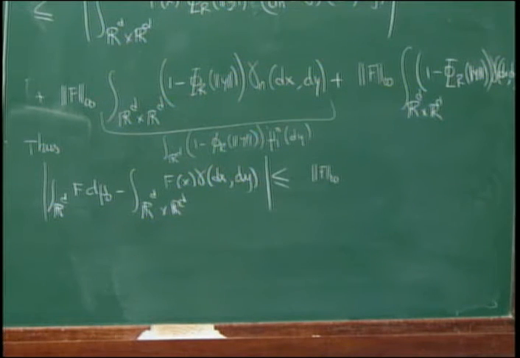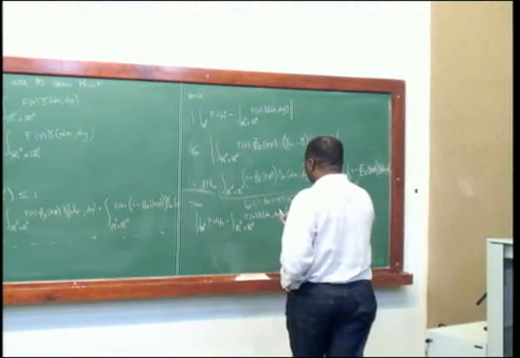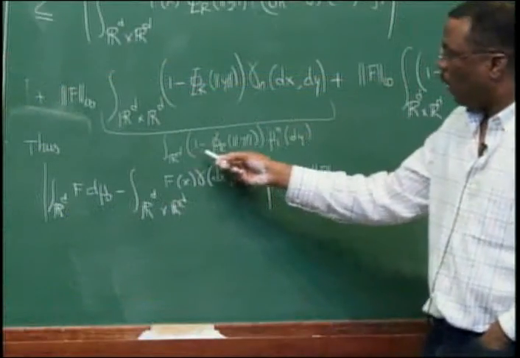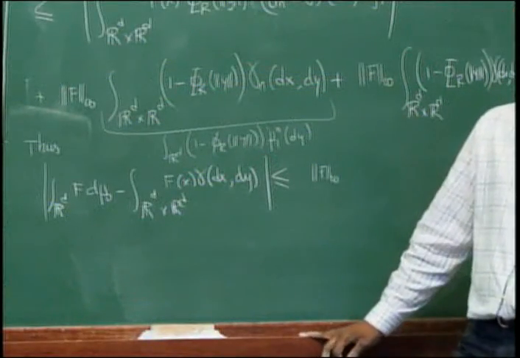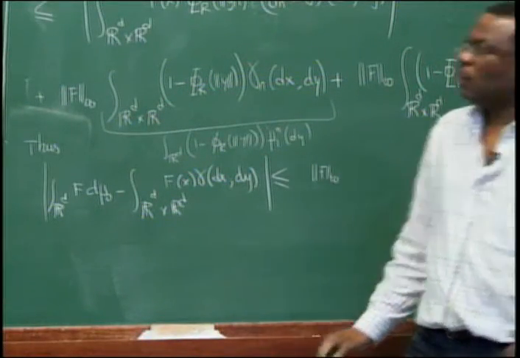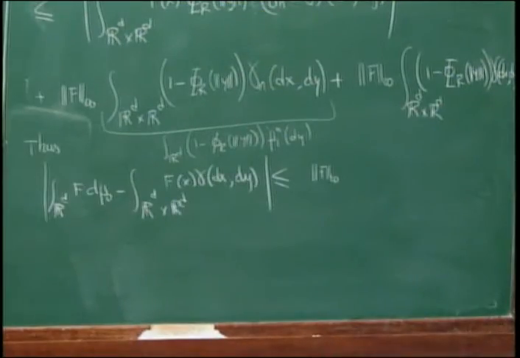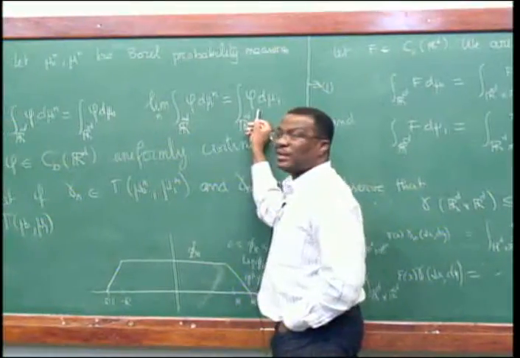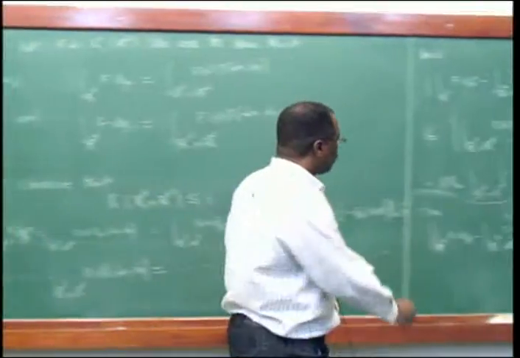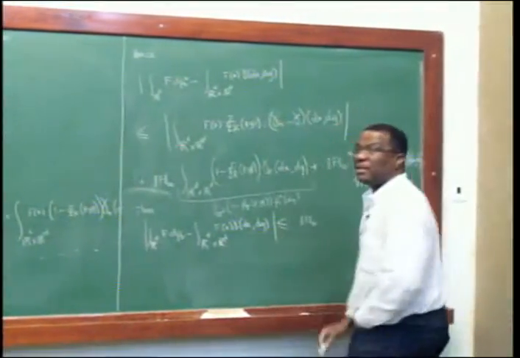The functional I am integrating depends only on y, and so I can replace that integral by integral with respect to mu 1 n. Again, I am in a situation, this function is Lipschitz. 1 minus that function is then uniformly continuous. When I have uniform continuity, this limit goes to that. And so this is going to disappear from my expression.